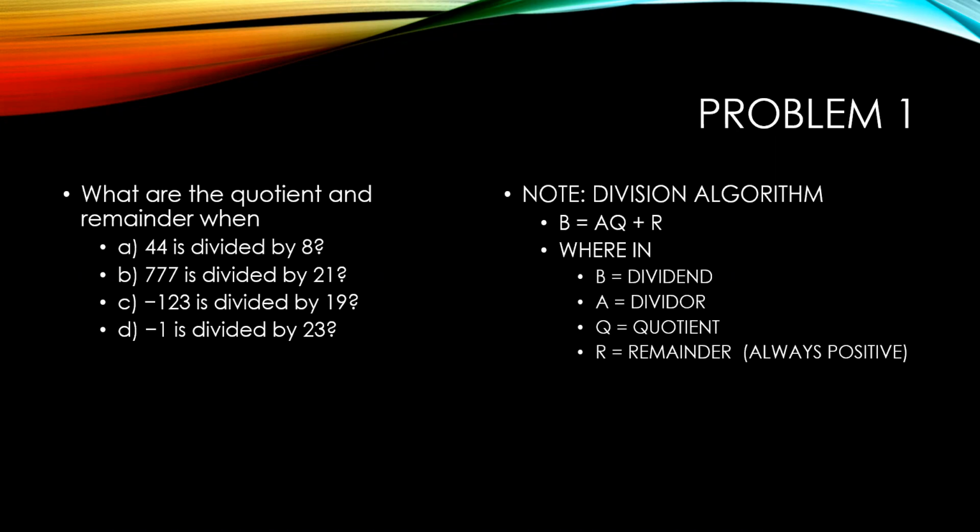So let's start with letter A, 44 is divided by 8. Don't forget we have two functions for division. We have div and mod. If we say div, the result is the whole number, and for mod, the result is the excess or the remainder.